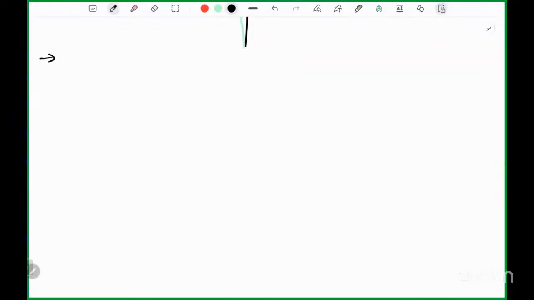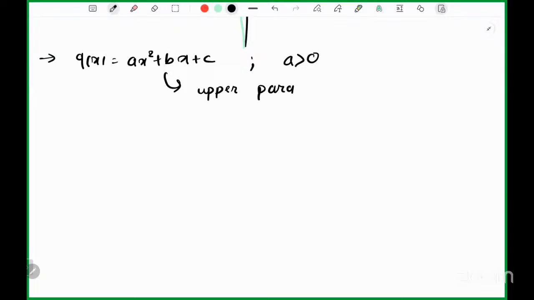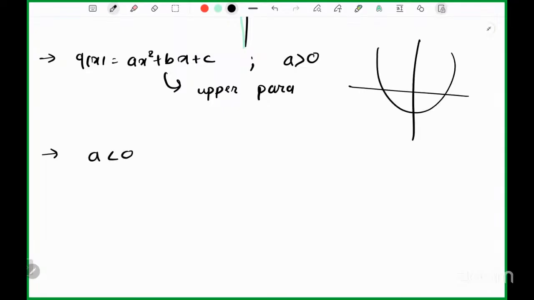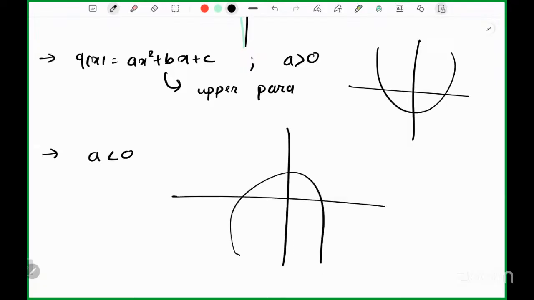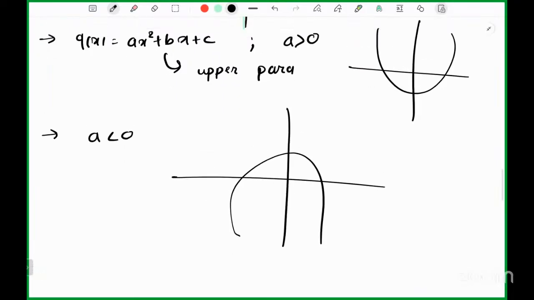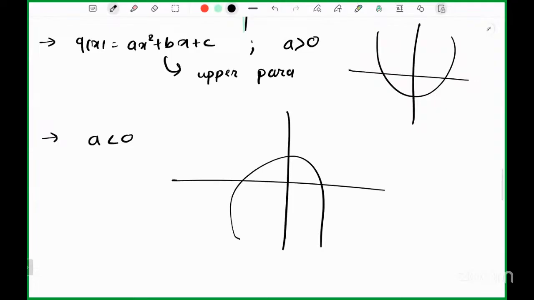If you have q of x equals ax square plus bx plus c, and a is any positive number, then this expression represents an upward parabola. Similarly, if a is less than 0, then this will be a downward parabola. And we know that a can't be equal to 0 because a is the coefficient of x squared. These are very small things, but you should always keep in mind that by looking at the expression only, you can tell whether it's an upward or downward parabola.